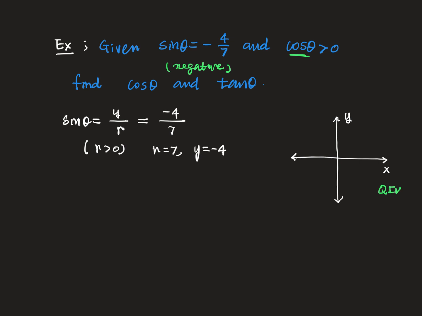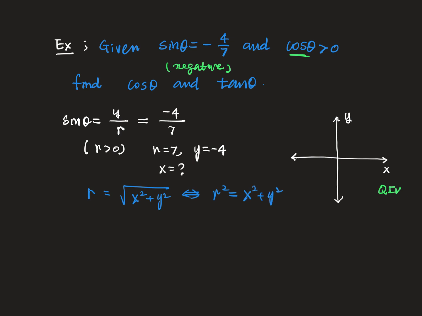We need to find x value. How can we find x value? R is the square root of x squared plus y squared. Which means r squared is, squaring both sides, x squared plus y squared.